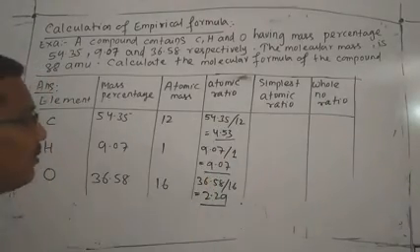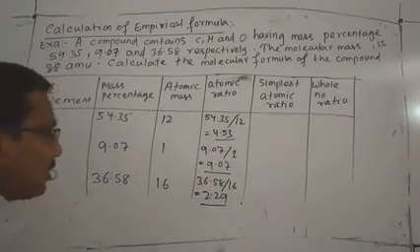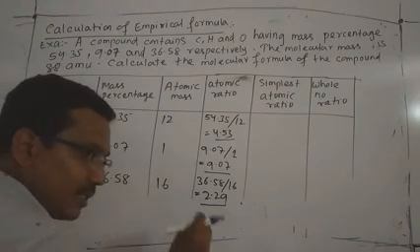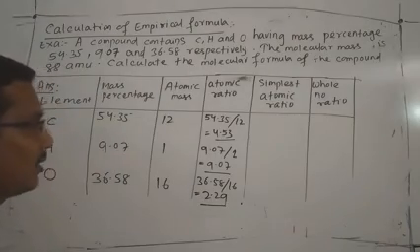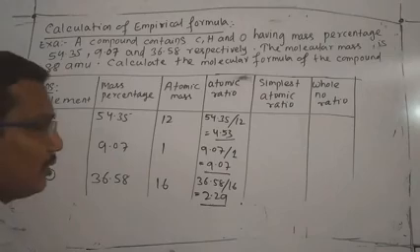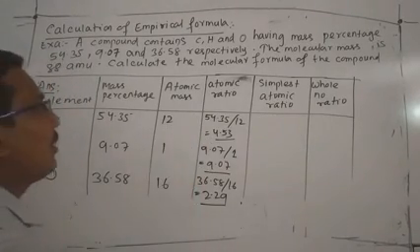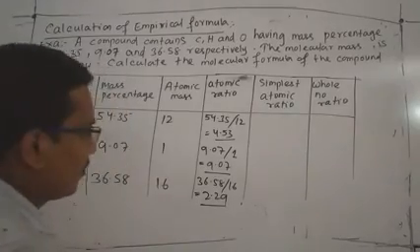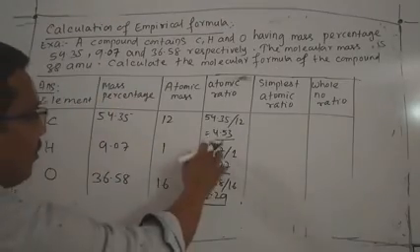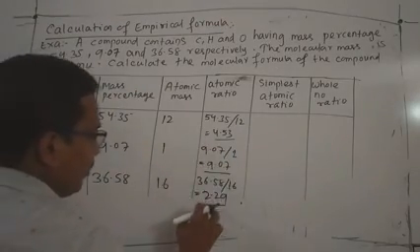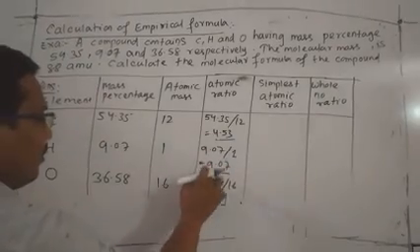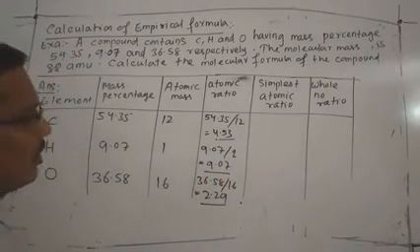For calculation of the simplest atomic ratio, the smallest value is necessary. The simplest atomic ratio is calculated using the smallest value of the atomic ratio.